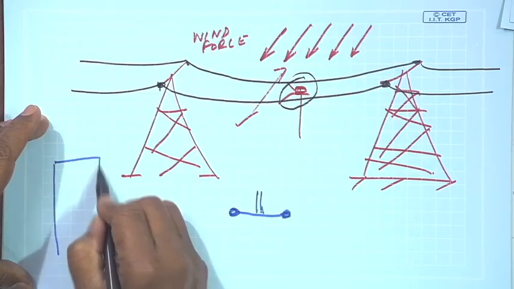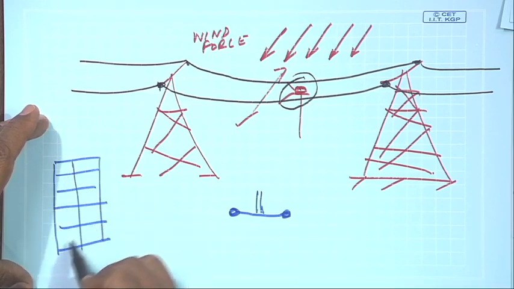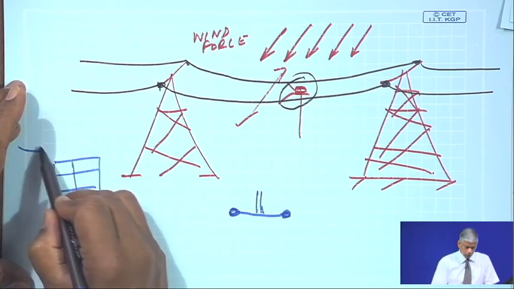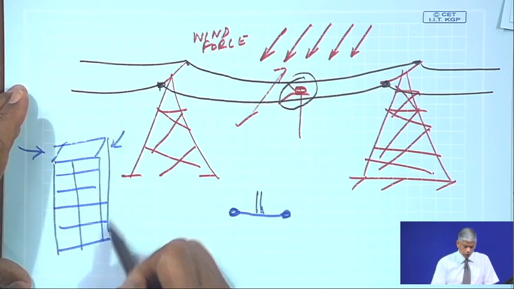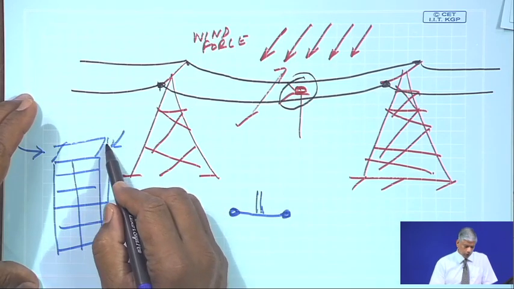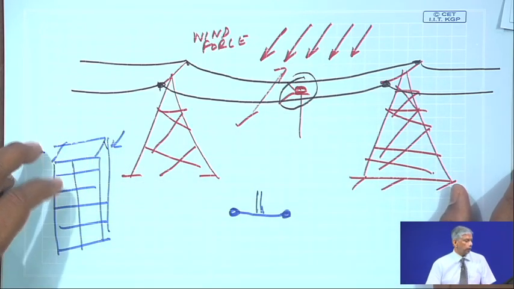Even you would have seen in large tall skyscrapers, if because of large motions they move, and these motions are not desirable, we can have tuned mass dampers attached to such units.